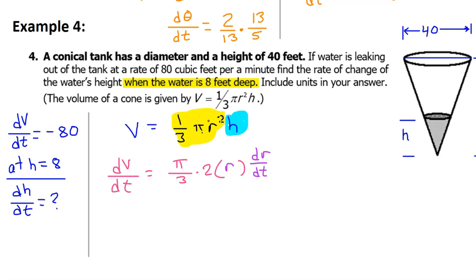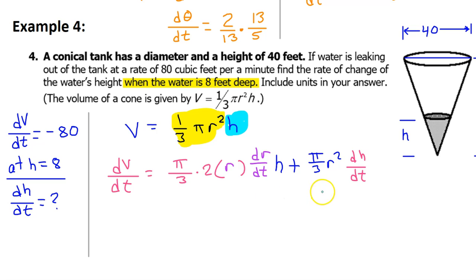So that's the derivative of the yellow factor. The first time through, we leave the blue factor unchanged, and then we put a plus. Then we go through it again. The second time through, we leave the yellow factor unchanged. So pi over 3 r squared. And we multiply by the derivative of the blue factor, which is dh/dt.